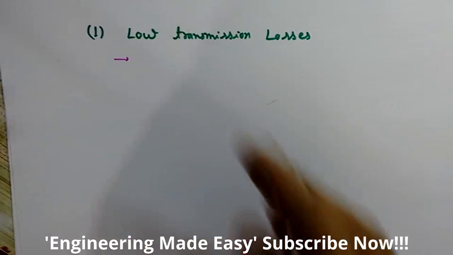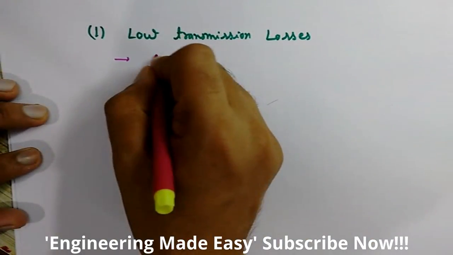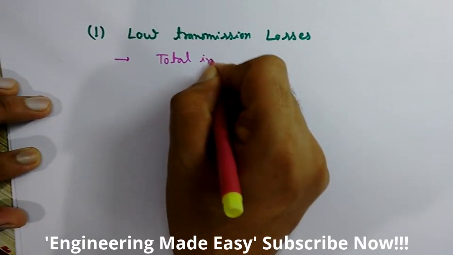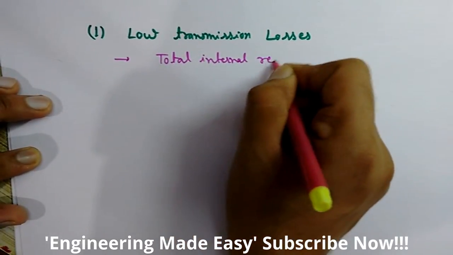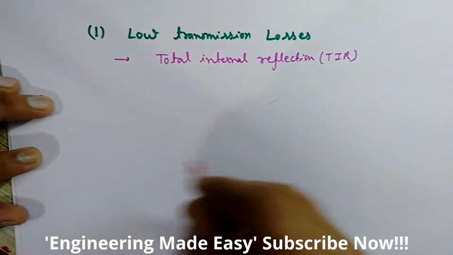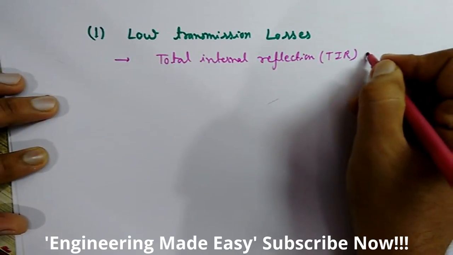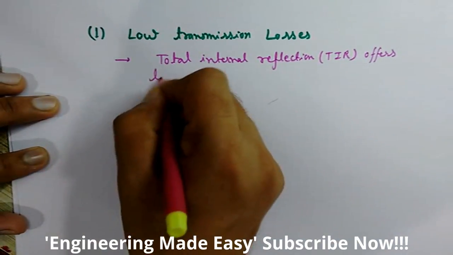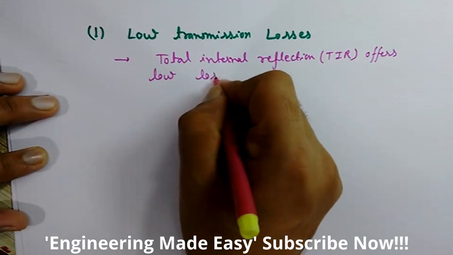Because of this we need very few repeaters. So the repeater spacing is very large, and the cost and complexity are low. The total internal reflection offers low losses.